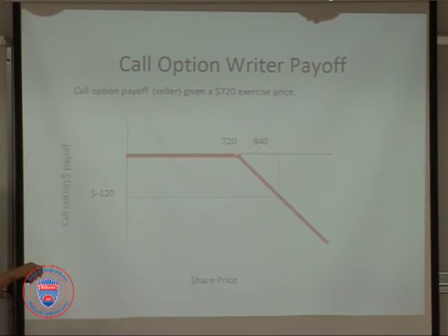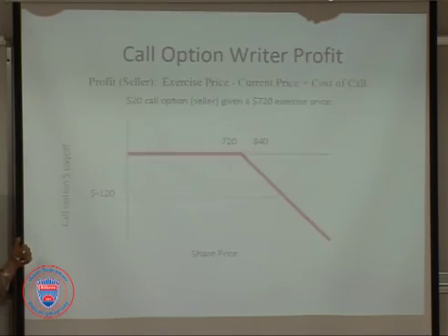So if you don't exercise the option, this is my payoff, basically, as the option seller. And if you exercise the option, this is, again, my payoff. I'm going to lose 120 when you exercise the option. When you look at the profits, then actually I'm losing like 100, as the profit.